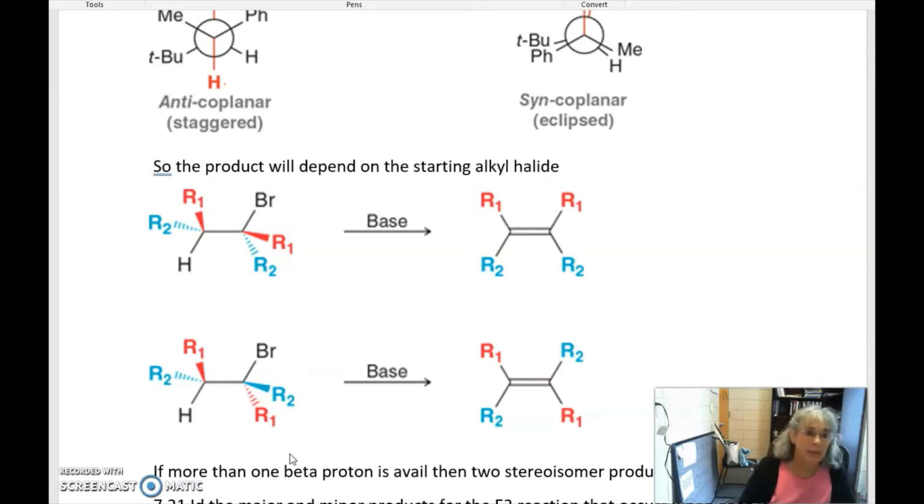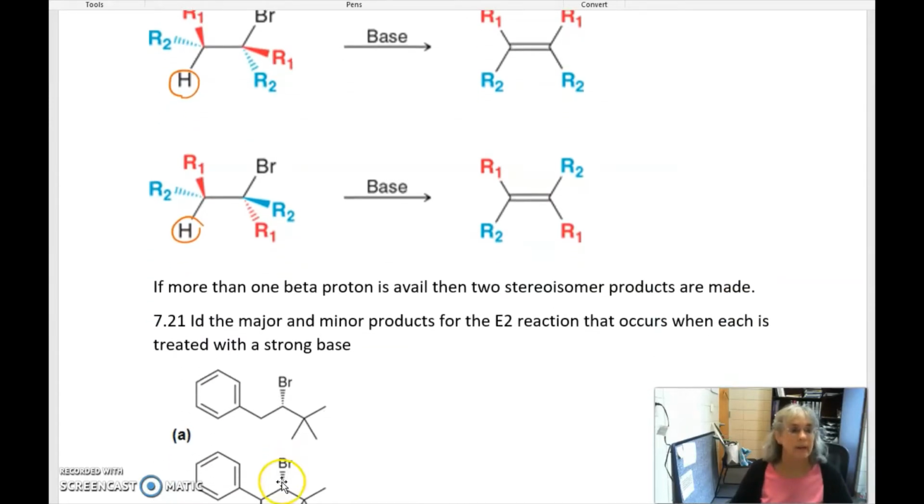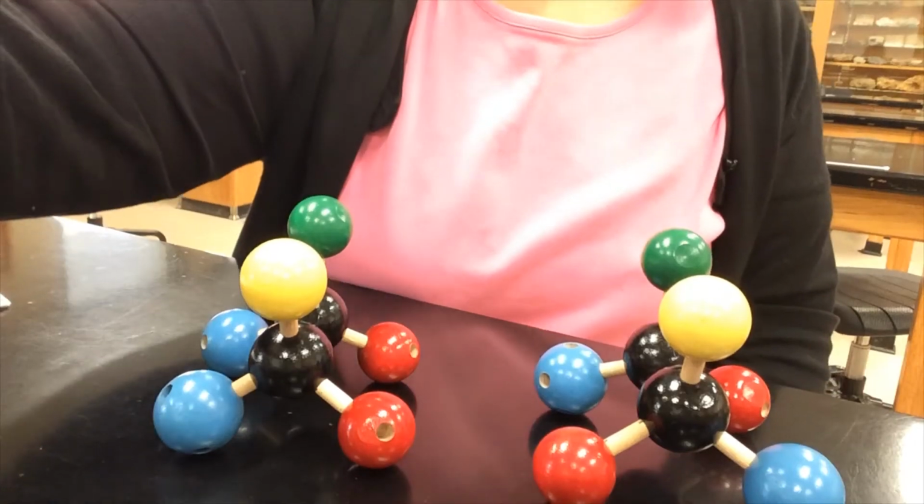This only happens when there's only one hydrogen to take off. So there's only one configuration. That's the only way that we can get a stereoselective process. Otherwise, if there's more than one beta proton available, then you'll get two stereoisomers.